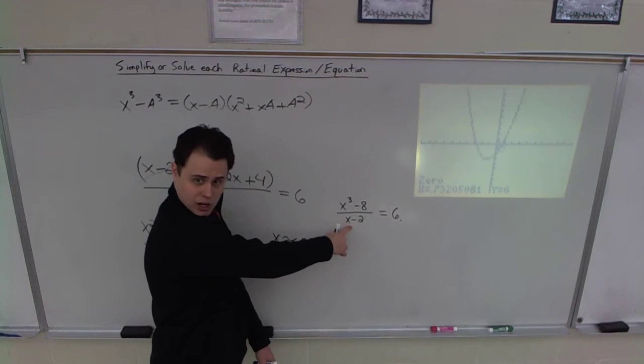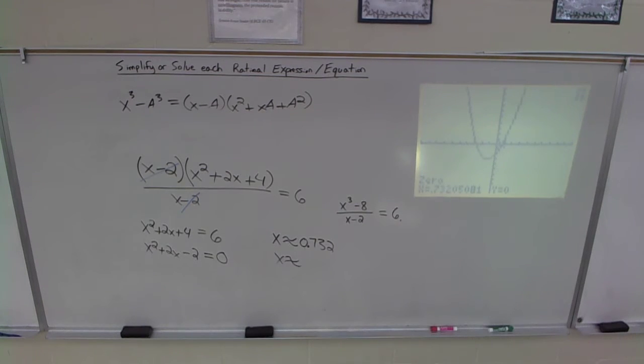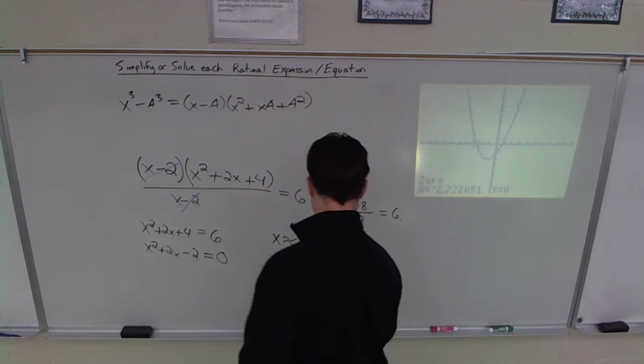That doesn't violate my domain. I think I'm good. The other one is going to be second, calculate, zero. You guys need to make sure you can do this. Tracing this is not good enough. So we need to go on the left and the right, and uh-oh. That's about where it is. All right, so there's the other one.